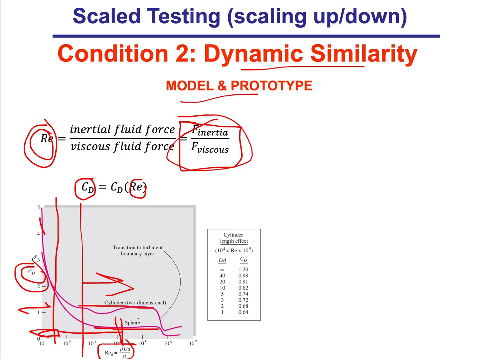And this is a result of our Navier-Stokes equation, because this was derived from the normalization, or the infusion of the scales, into that equation.